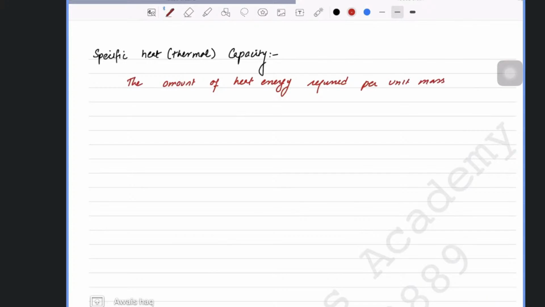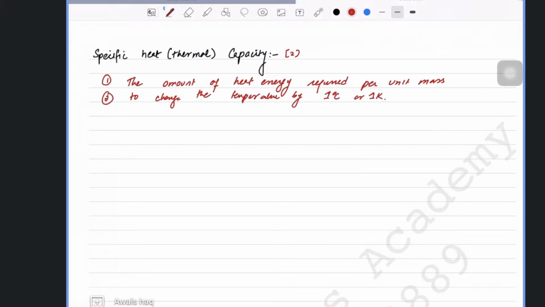So this will give you 1 mark. The definition usually comes at 2 marks, and the second mark will be to change the temperature by 1 degree Celsius or 1 Kelvin. All right, so that would give you the 2 marks.